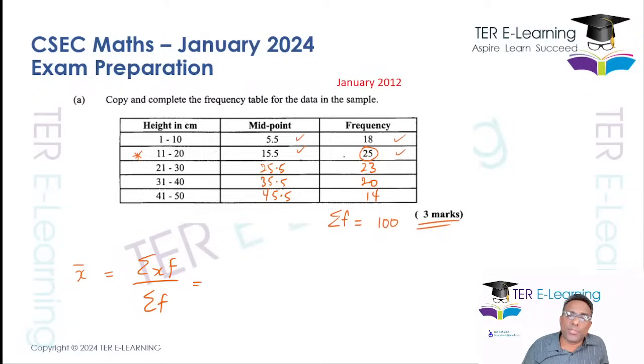So we have to use a table in order to estimate the mean. So here's what you need to do. Your midpoint is what we call x. This here is your frequency. So we need to create a new column and we need to call that x multiplied by f. That's what we're going to do.